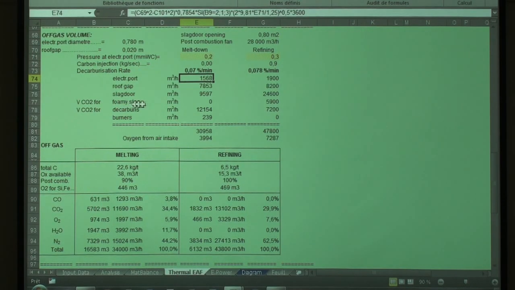So then you have the volume of CO created by the decarburization, either the forming cycle or the decarburization itself. Here you have no carbon injection.